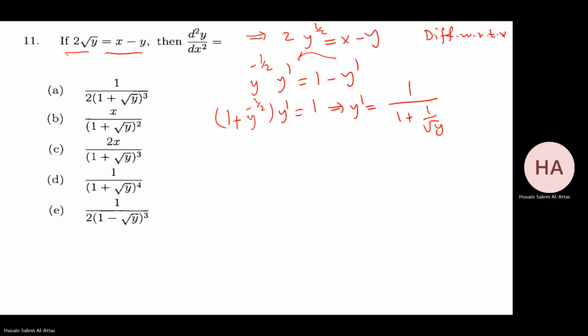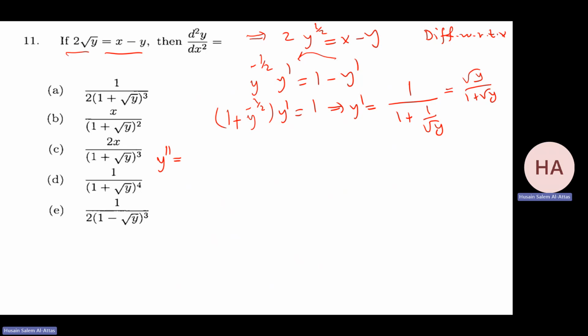Okay. y to the power minus half y prime equals 1 minus y prime. The other side, so 1 plus y to the power minus half, which is 1 over 1 plus root y, which is what? Root y over 1 plus root y. Okay, y double prime. Now I have the quotient rule.